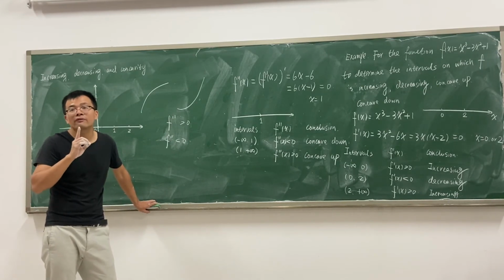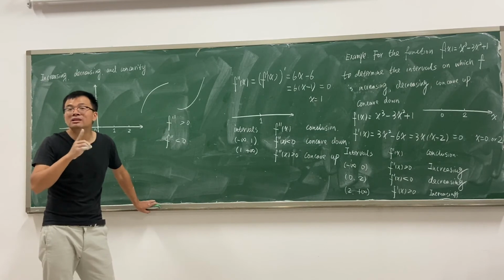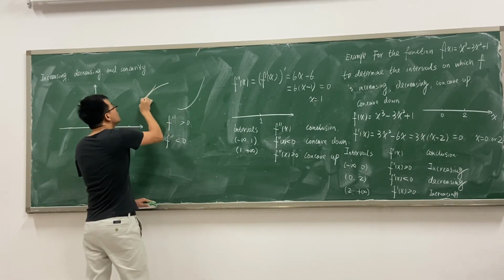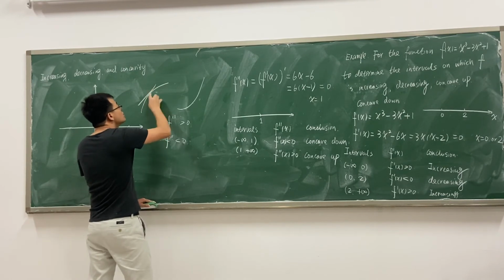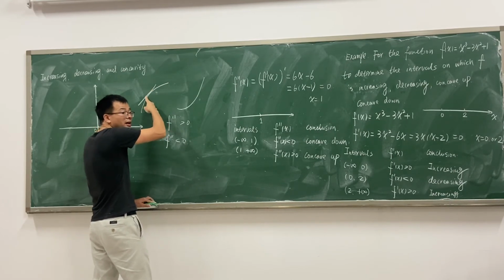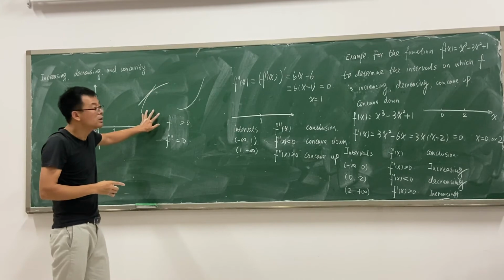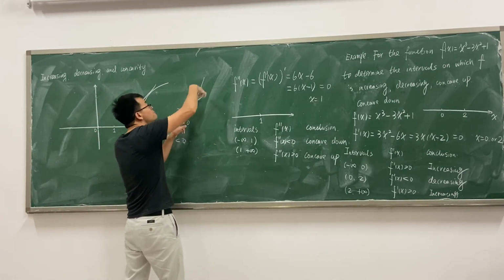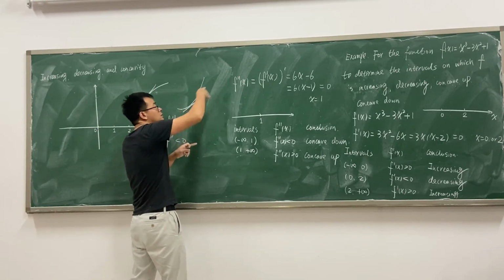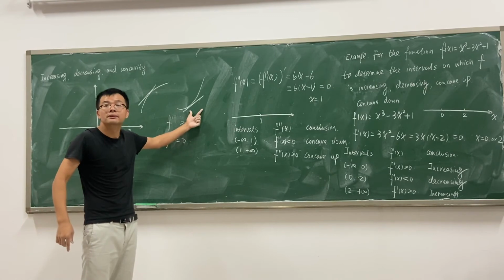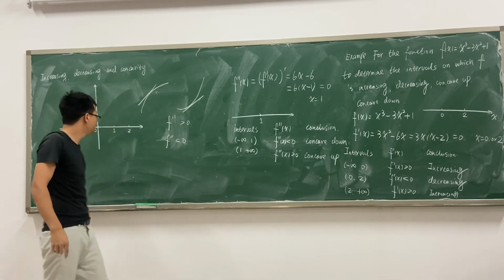Up means the graph is above the tangent line. For this graph, the graph lies below the tangent line, so this is concave down. Here we can see the graph lies above the tangent line, so this is concave up.